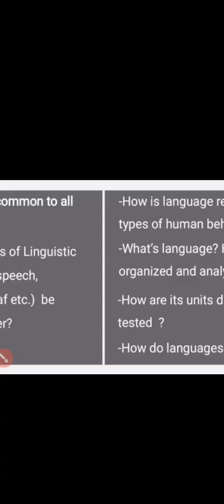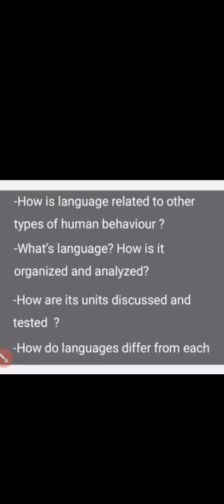Also, linguists ask questions like, how is language related to other types of human behavior? The matter is also concerned with human behavior. They ask, what's language?